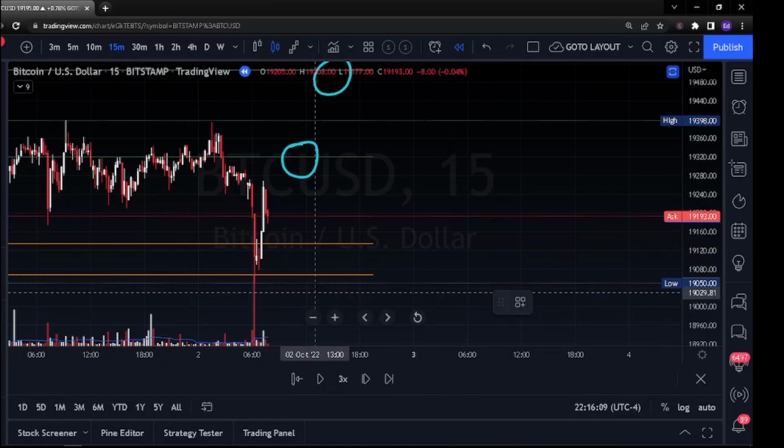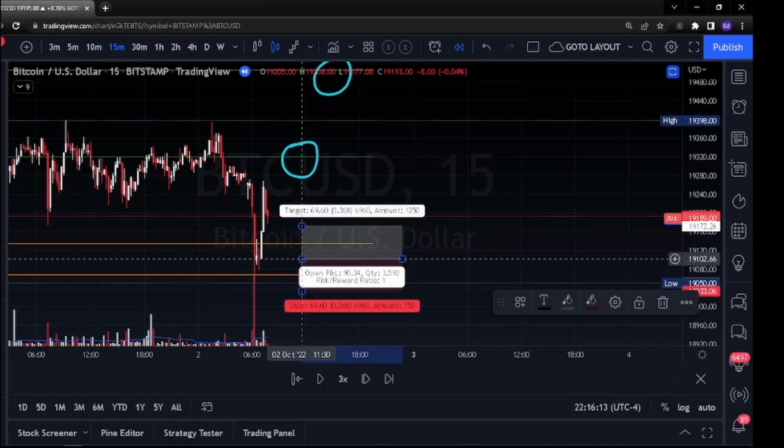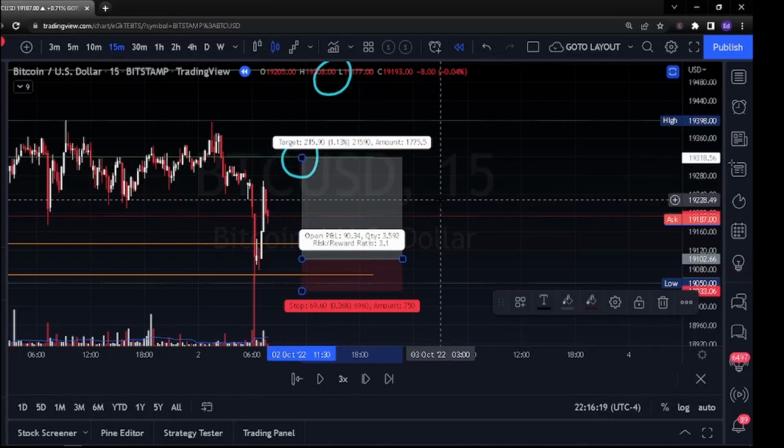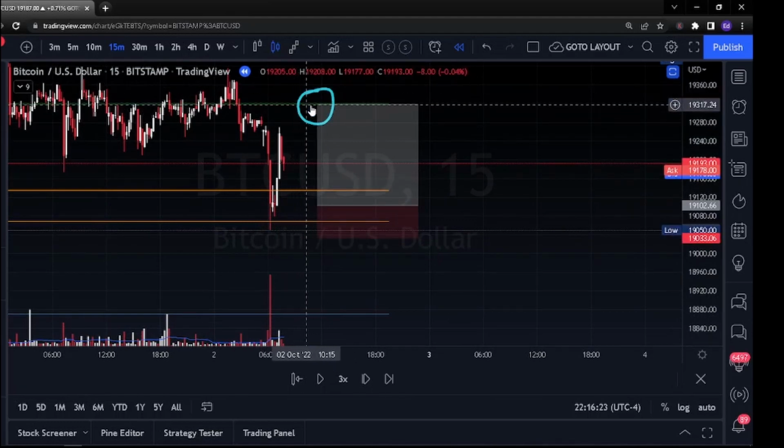I set a trigger buy for this area right here with a profit target of at the 0.5.